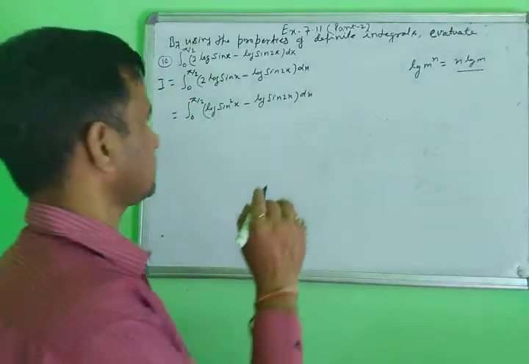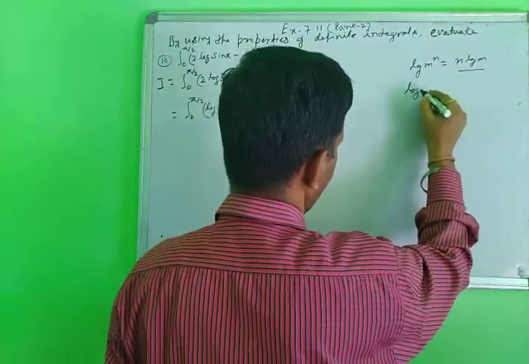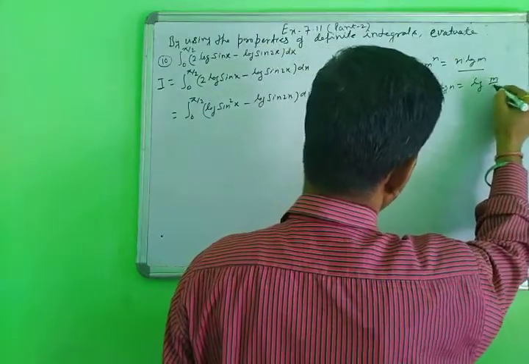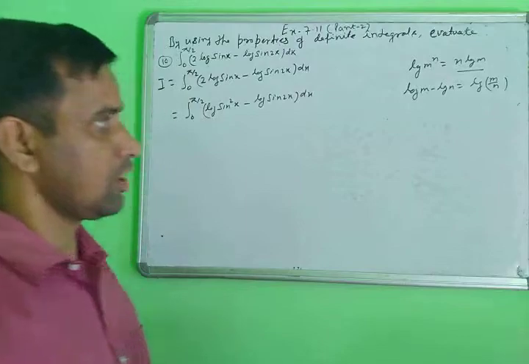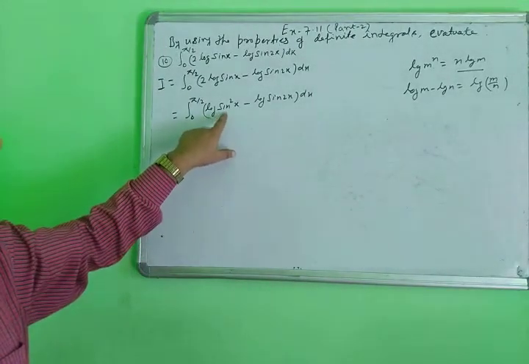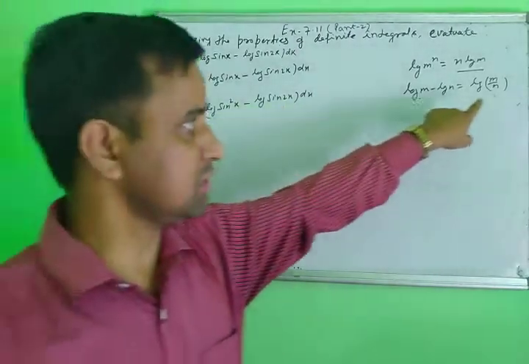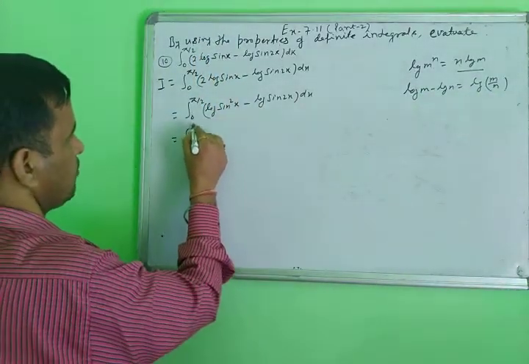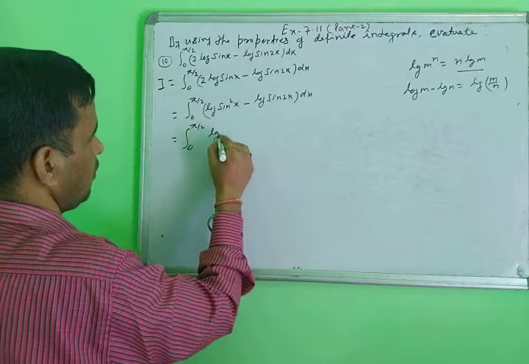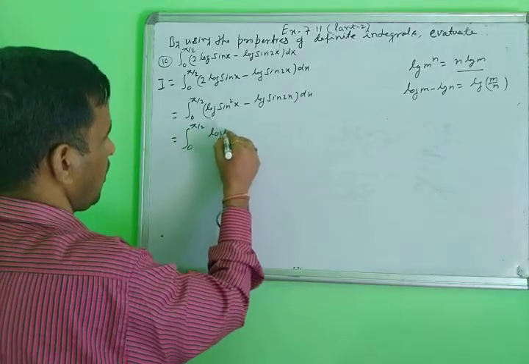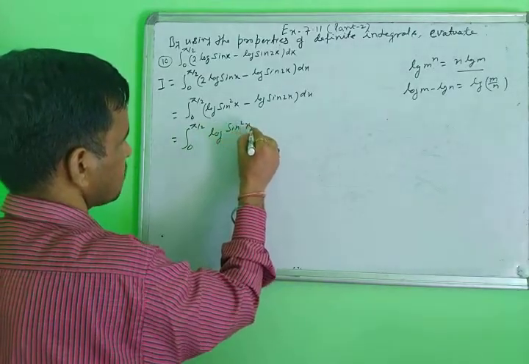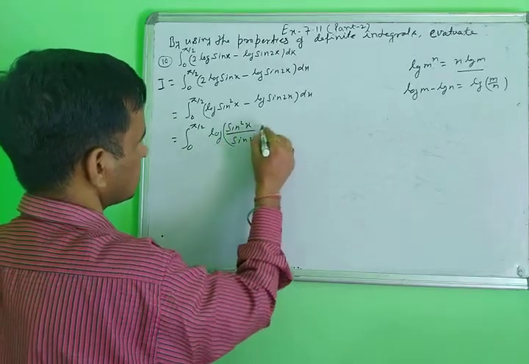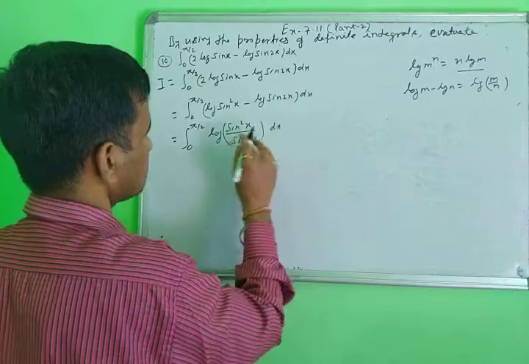The second thing, you have another property of log: log m minus log n equals log m upon n. So using this property of log, we get the integral from 0 to pi by 2 of log of sin square x upon sin 2x dx.